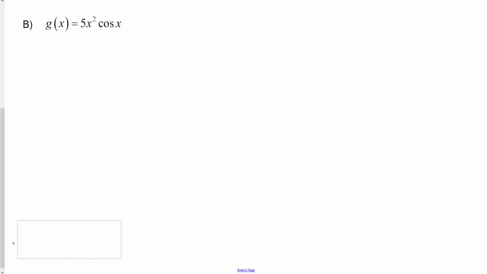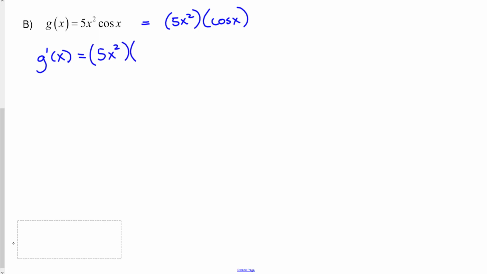Things can get a little bit more complex if you happen to have a product rule involved. So we have the product of functions. I'm going to use 5x squared as my first function, cosine x as my second function. So when I use the product rule to find this derivative, I'll do the first times the derivative of the second.